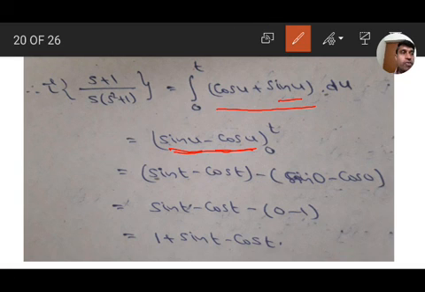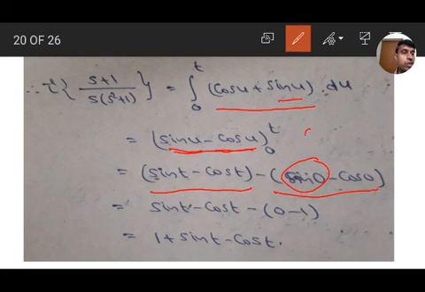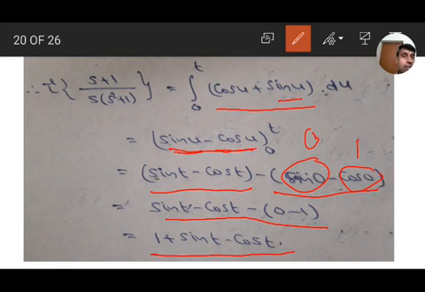And here if you substitute the limits, upper limit sin t minus cos t, minus of lower limit sin 0 minus cos 0, and sin 0 value is 0, cos 0 value is 1. So 0 minus 1, sin t minus cos t minus of minus 1, we get plus 1. So 1 plus sin t minus cos t.